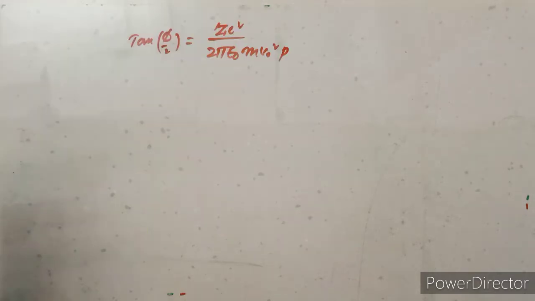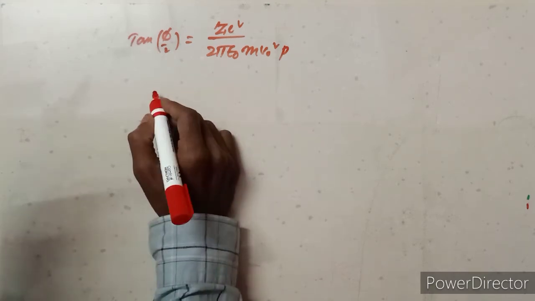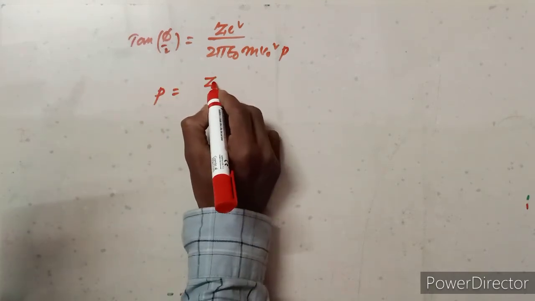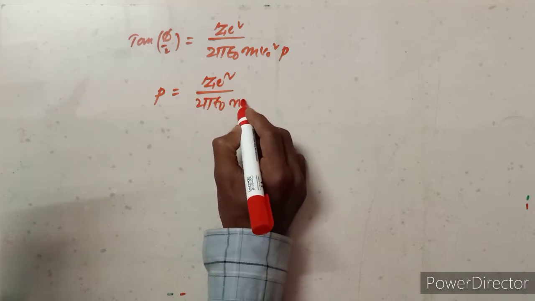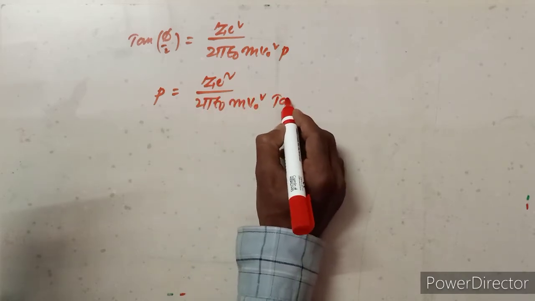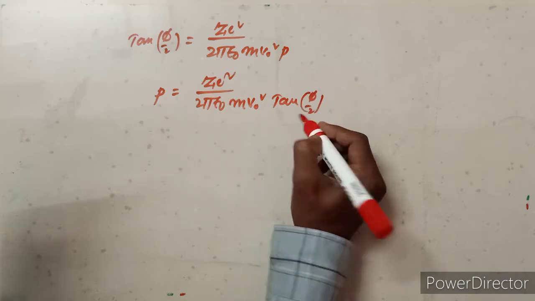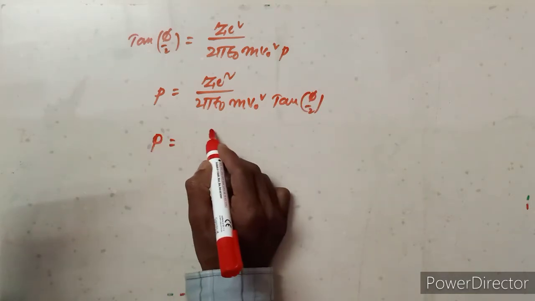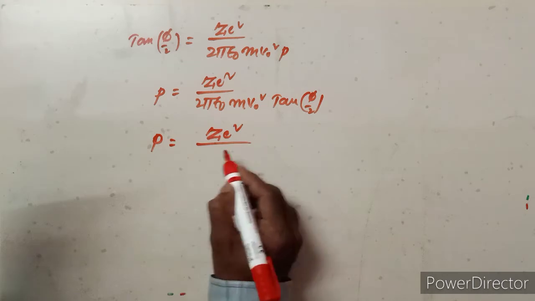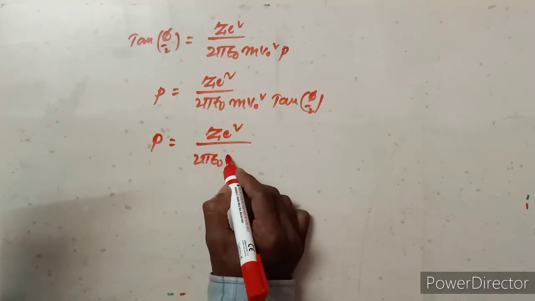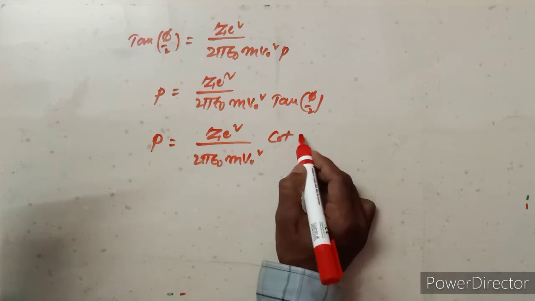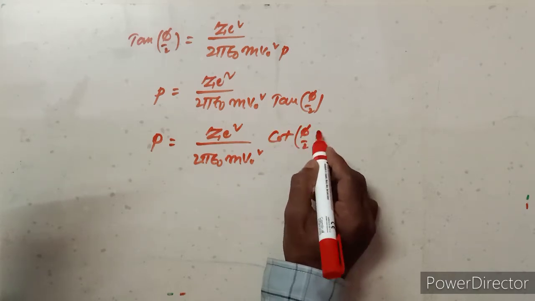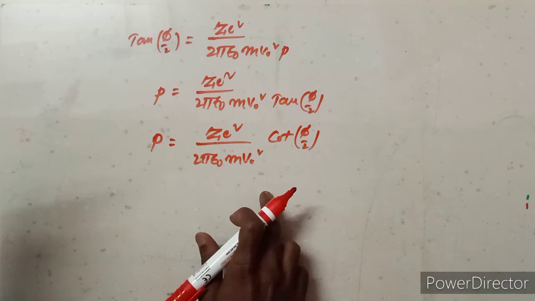Okay, from the scattering angle, P equals Zq square upon 2 pi epsilon naught m v naught square cot of phi by 2. So this is the impact parameter.